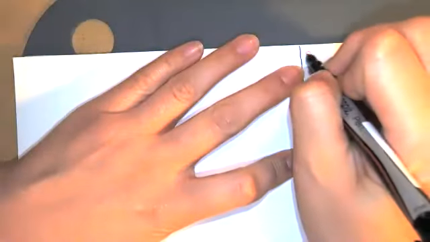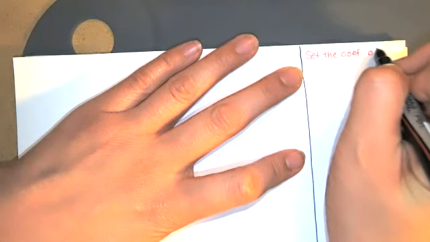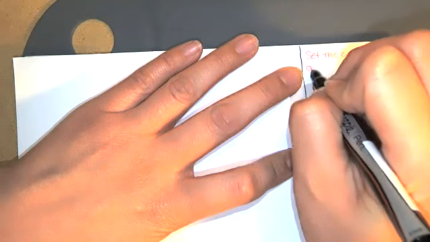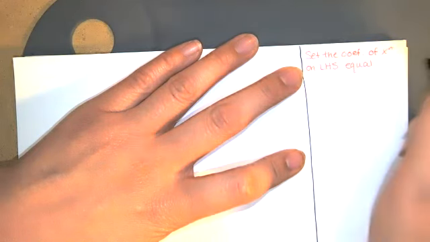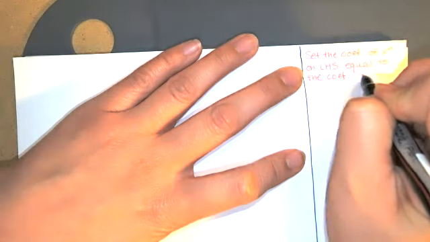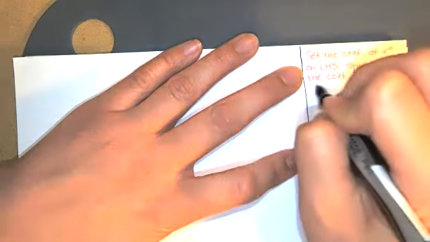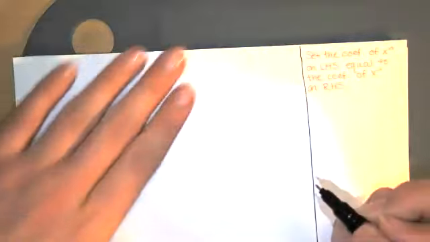So we have set the coefficient of x to the n on the left-hand side equal to the coefficient of x to the n on the right-hand side, using LHS as an abbreviation for left-hand side and RHS as an abbreviation for right-hand side.